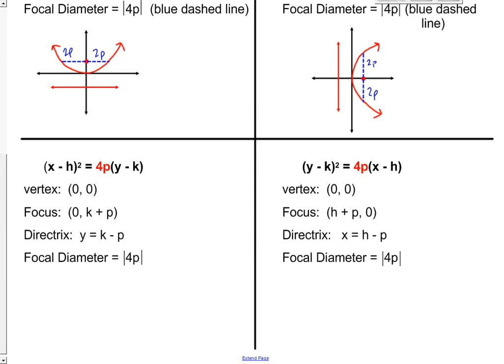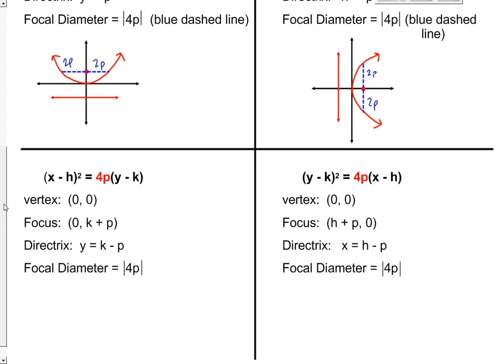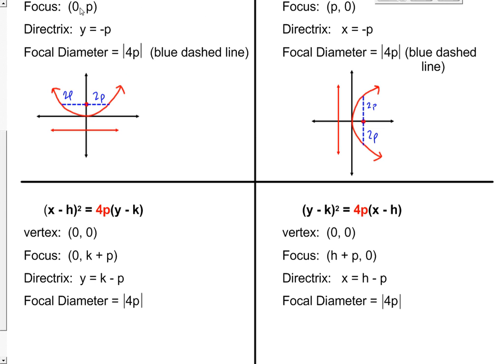When we look at the function with the shifting, the h and the k, for the vertical, you are adding the p to that k value. Up here where we just had 0, p plus 0 is just p. But when we have a vertex at h, k, then for a vertical parabola, you're going to be moving up or down to find your focus.